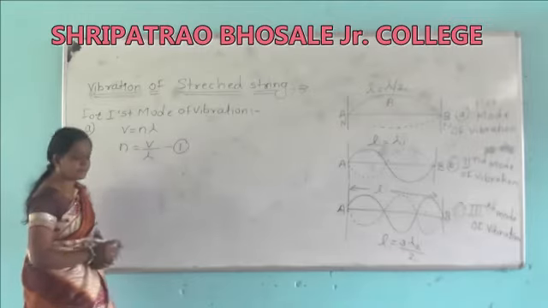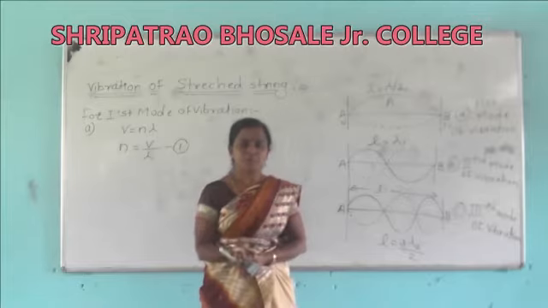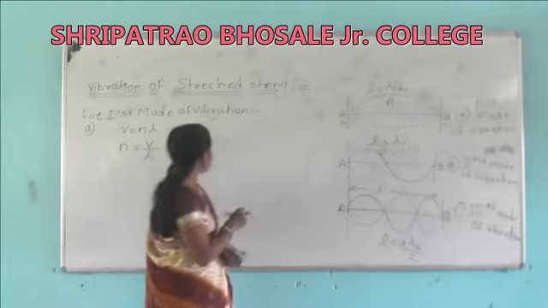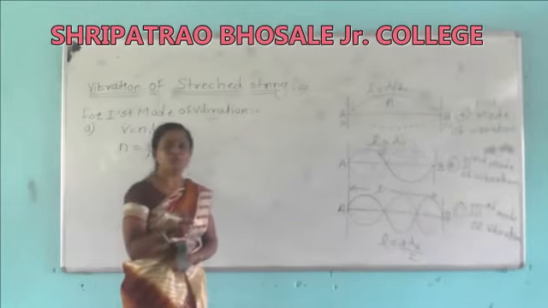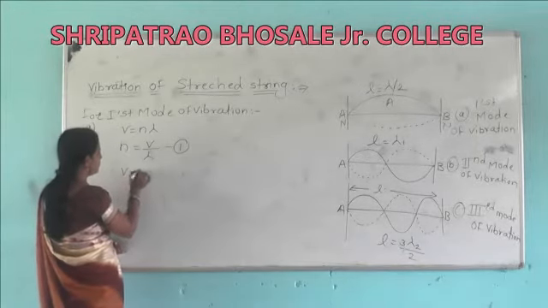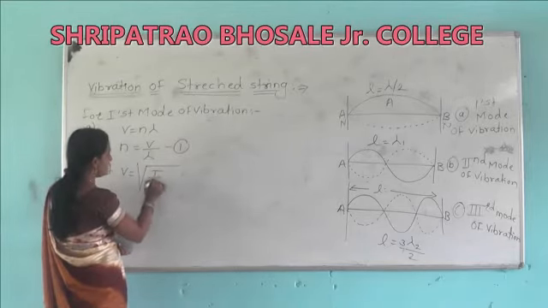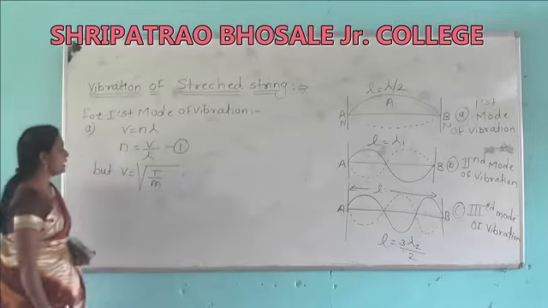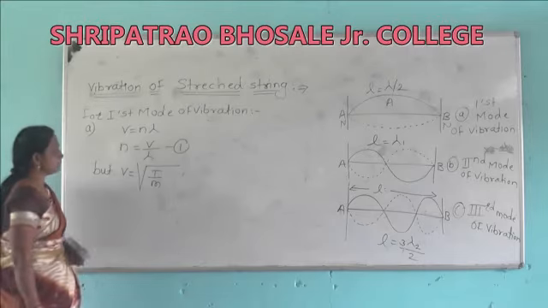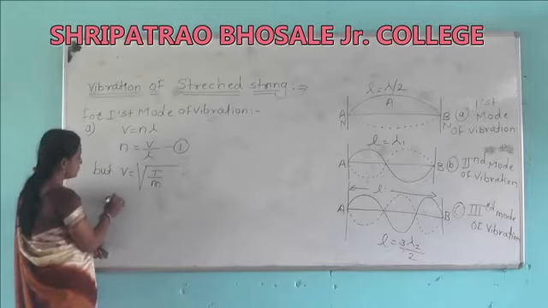In 11th standard, we also discussed the properties of transverse waves. In those characteristics, we know that the velocity of a transverse wave is given by V equal to square root of T by m.